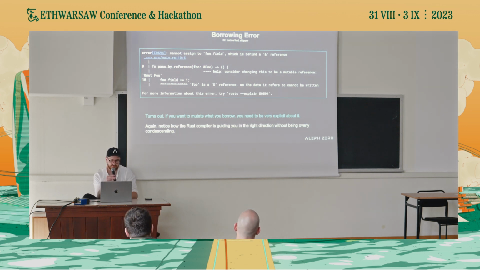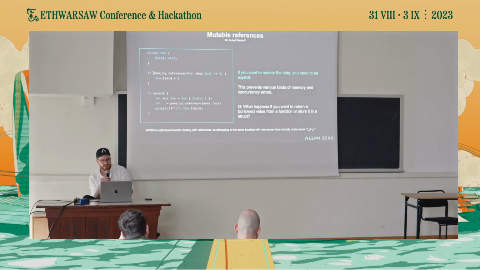No, not really. That's because Rust is quite conservative in what it lets you mutate. It's a pretty well-known fact right now that mutating state is a pretty dangerous operation. So Rust says, if you want to mutate some state, you need to be explicit about it. So how are we going to fix it? We're going to say that this pass by reference function is borrowing this Foo struct in a way that will mutate it.